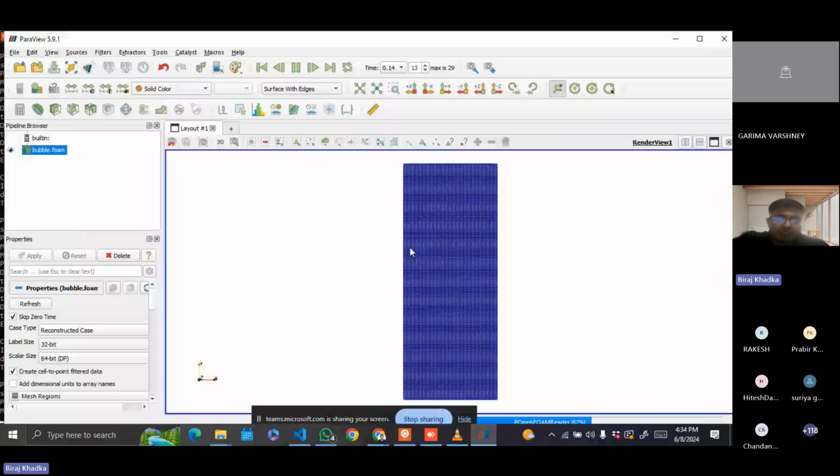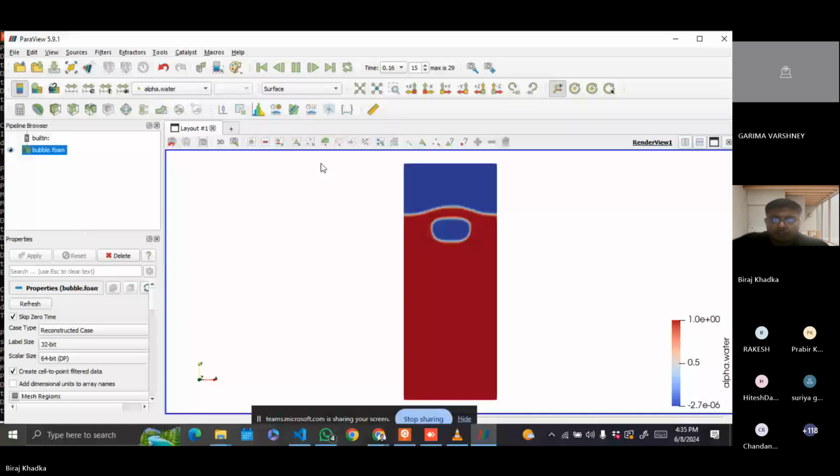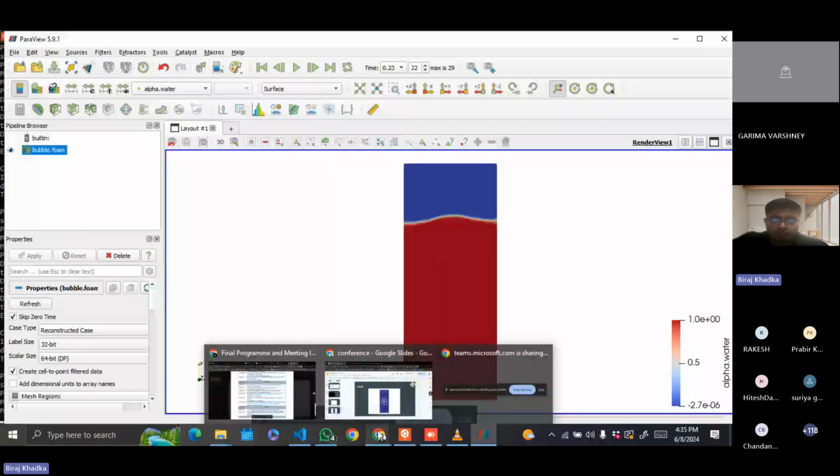So the alpha water, I will put the surface, and from the start, it goes like this. The shape of the bubble changes due to a lot of forces like surface tension and density. Finally, it coalesces, and this is how the simulation works in OpenFOAM using interFoam.